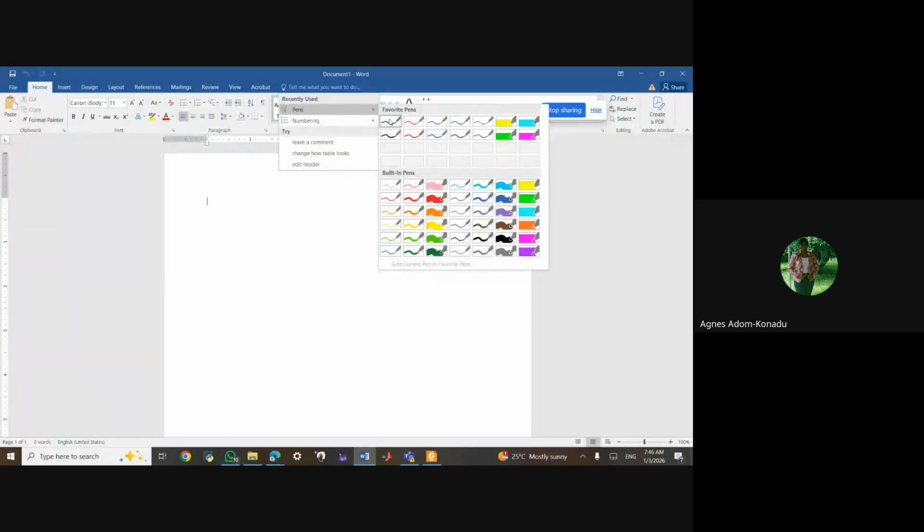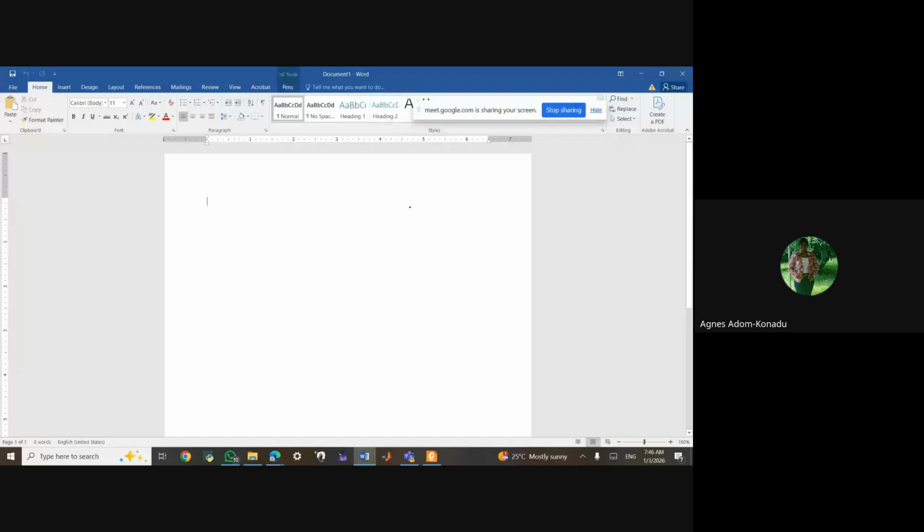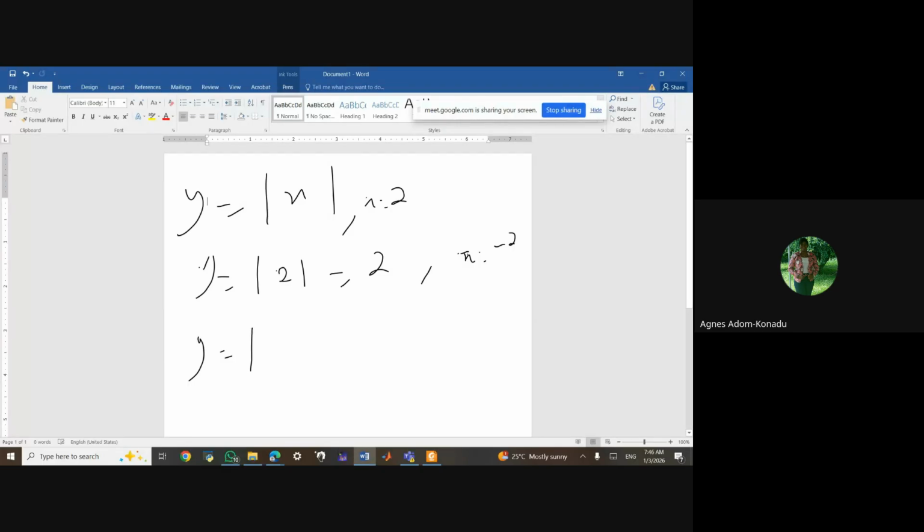So if I choose positive 2, the y value is the absolute value of 2, which is 2. If I take x equal to negative 2, I get y equal to the absolute value of negative 2, and this will give me 2.